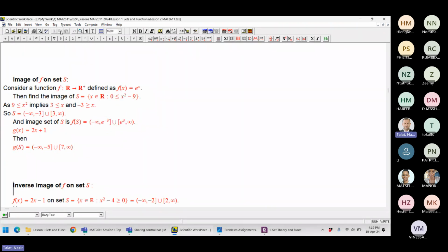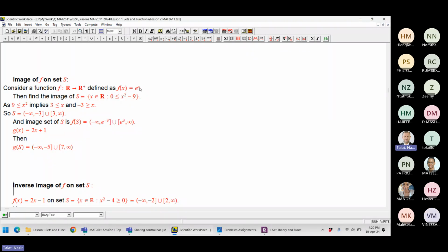Suppose f is defined from R to R plus, where R plus means the collection of all non-negative real numbers, from 0 to infinity, where 0 is also an element of R plus. Now, if we take f of x equal to e raised to the power x, we need to give the image set of this set S.